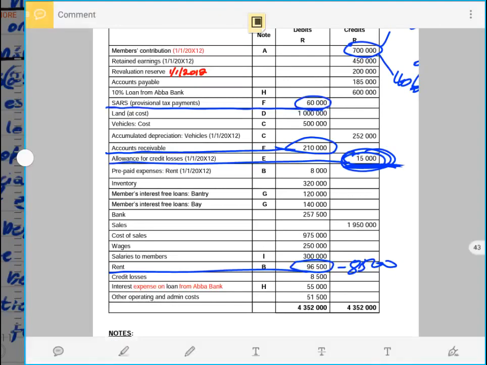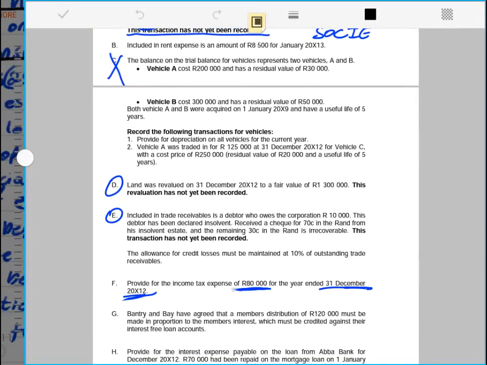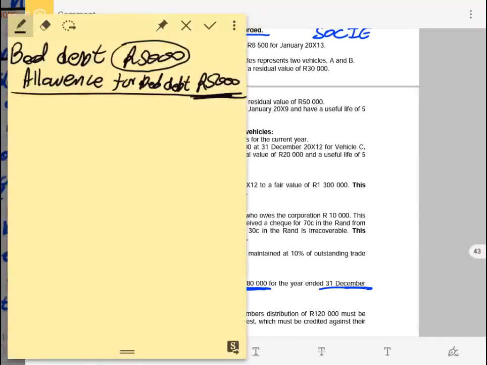And if we paid 60,000 rands instead of 80,000 rands, it means obviously we have made a smaller payment than we were supposed to have paid SARS. So now we have to calculate a tax due or tax receivable to or from SARS. And when we calculate it, we have to say taxation expense.